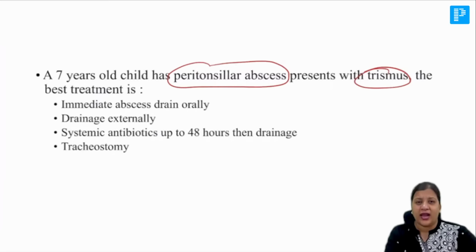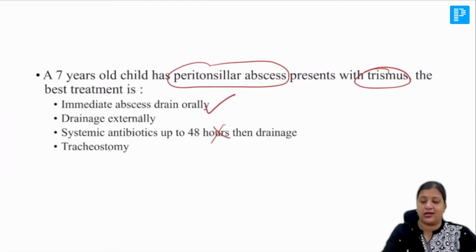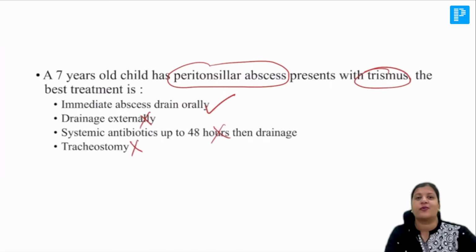Do you want to wait for the antibiotics and then drain? No. External drainage or transoral? Of course, transorally. Is there a need for tracheostomy in a peritonsillar abscess? Very rarely, if it is spreading to the parapharyngeal and retropharyngeal spaces, but most often it doesn't require any tracheostomy. So immediate drainage of the abscess is the best treatment for quinsy or peritonsillar abscess.